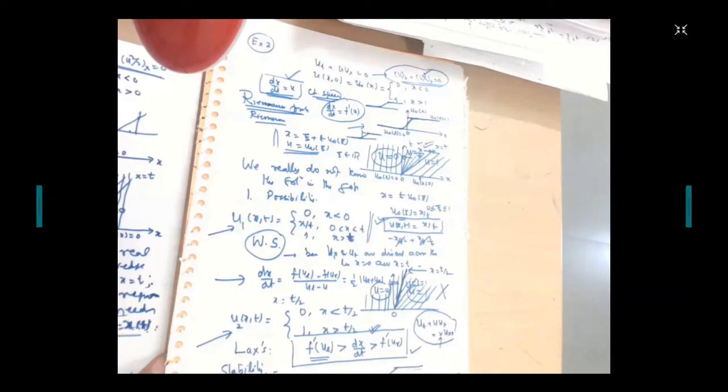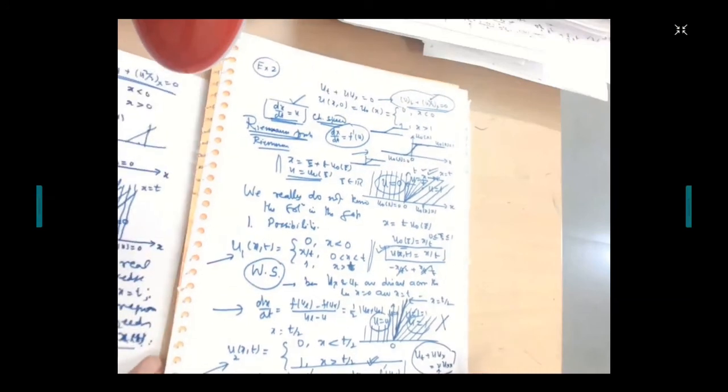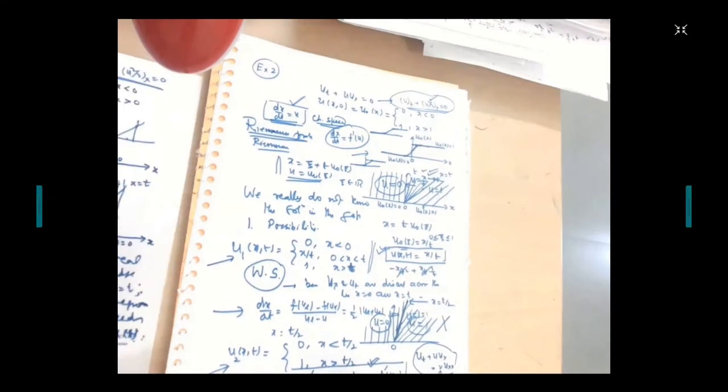These points will propagate faster, so this part of the profile propagates faster as compared to points on this part of the wave. So no discontinuity, this condition is always satisfied, and therefore this is the unique solution.